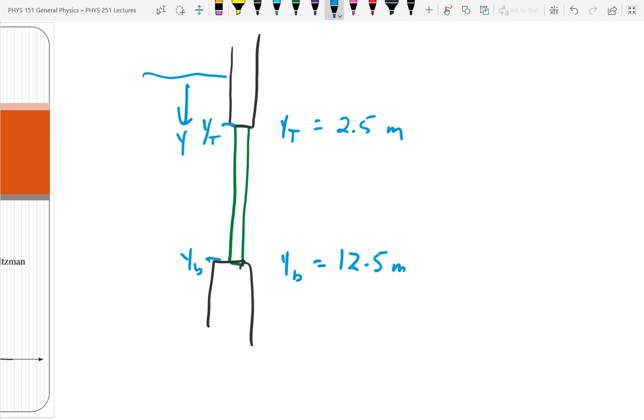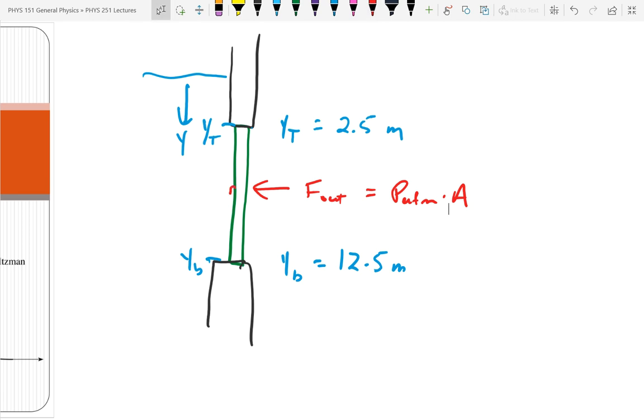And then we're asked to find the net force on the window due to the air on the outside. So the force from the air on the outside is equal to atmospheric pressure times the area. And the force on the inside is going to be changing with depth because the pressure is changing.